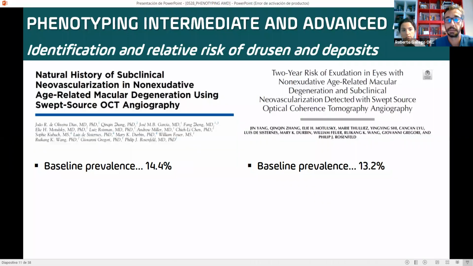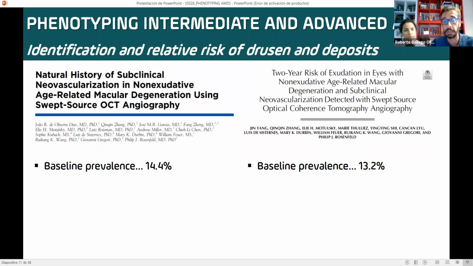Got it. So the group led by Phil Rosenfeld in Bascom Palmer has developed the key clinical studies on this non-exudative macular neovascularization with a baseline prevalence among patients with intermediate AMD of about 15% of cases, which is quite a lot.